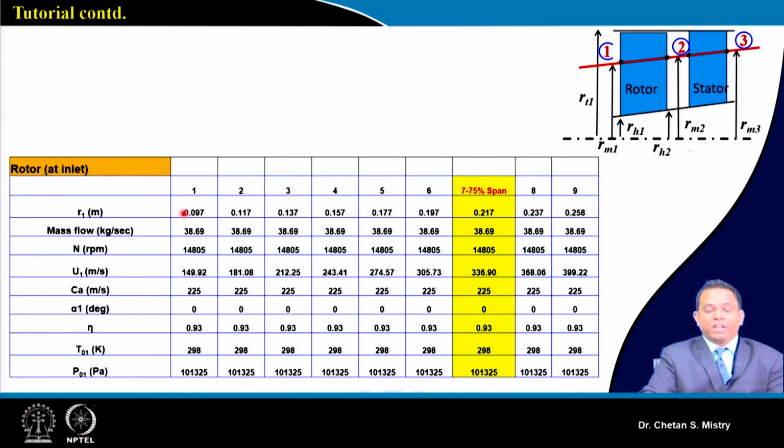So this is varying from 0.097 to 0.258, and this is what we are doing the calculation with. Since we are assuming our entry to be axial, alpha 1 we are taking to be 0, and these are the pressures and temperatures. So this gives me my entry design or entry parameters.